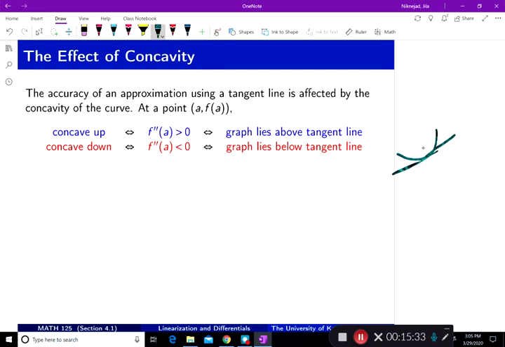So the approximation is a lower value than the value of the function. If it's concave down, then the tangent line would go above it, so the approximation is above the actual value. It's an over approximation.